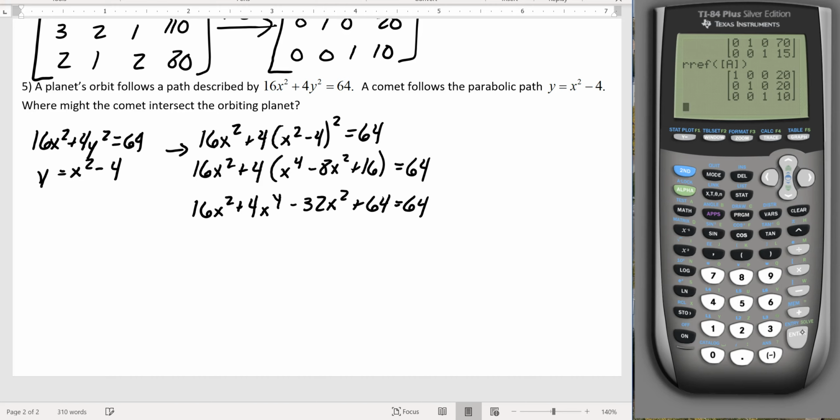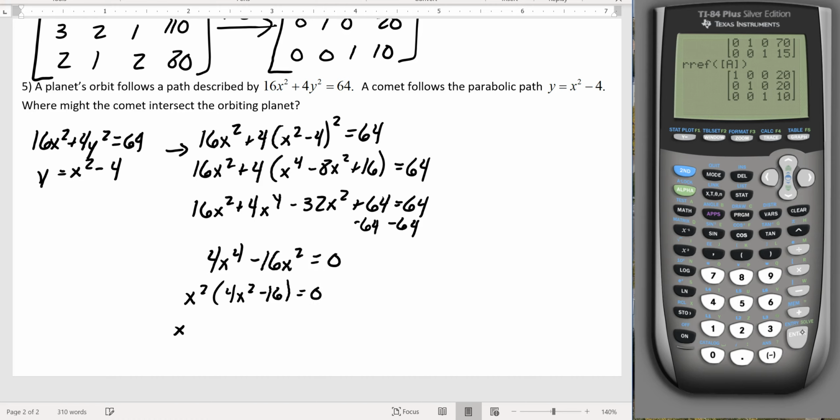Combining like terms, I notice I can subtract 64 from both sides. That's good to know. Combine these x squared terms here, so I'm going to have 4x to the 4th minus 16x squared equals 0. And from here we can solve this. Notice I can factor out x squared. So when I do that, I'd be left with 4x squared minus 16 equals 0.